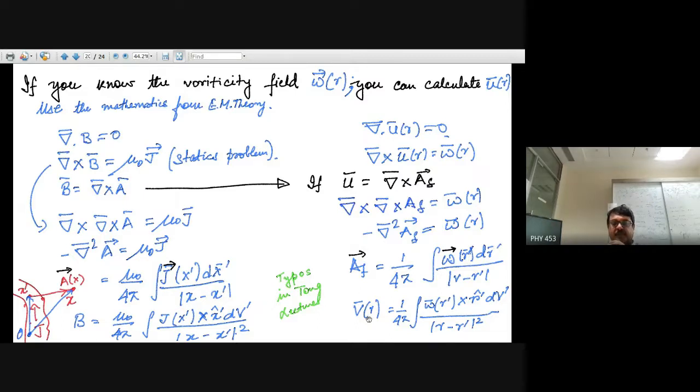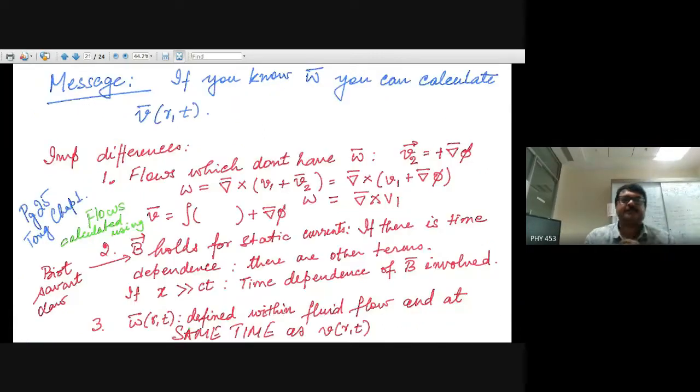So if you know vorticity, the velocity field can be written just in analog to the B field in terms of omega at each point in space cross r dash, into dV dash over r minus r dash whole square. So if you know vorticity, you can calculate the velocity field as a function of x, y, and z.